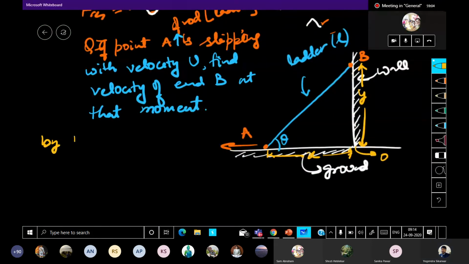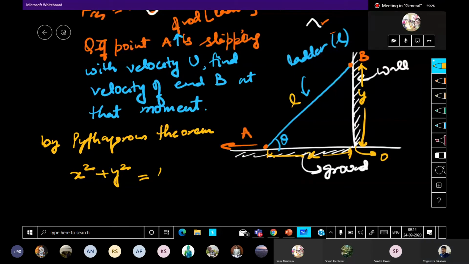By Pythagoras theorem, what we can write is x square plus y square is equal to L square, because L is the length of the rod.